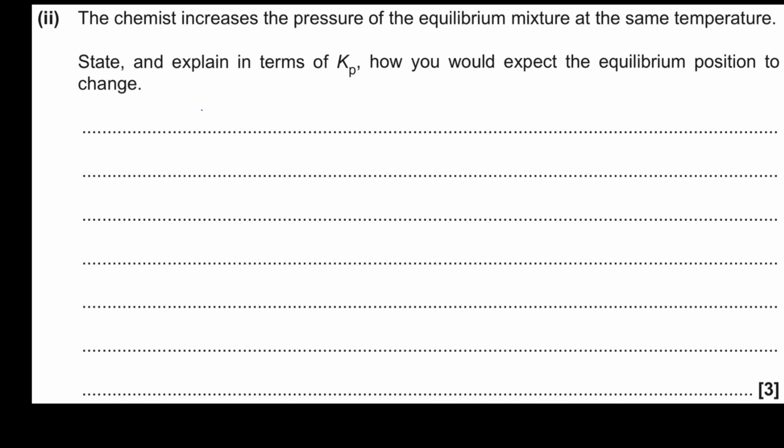Well, first of all, we have the equation 2NO plus O2 giving 2NO2, and if we count the total number of stoichiometric moles, that's 2 plus 1, which is 3 moles, and that is giving 2 moles. So there are more collisions from the reactant, because there are 3 of them compared to 2, and therefore they'll be producing more product. So the equilibrium will shift to the right.